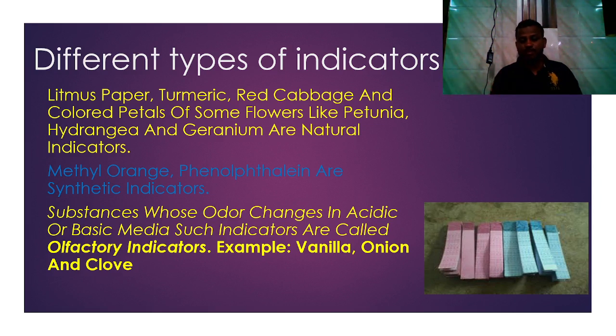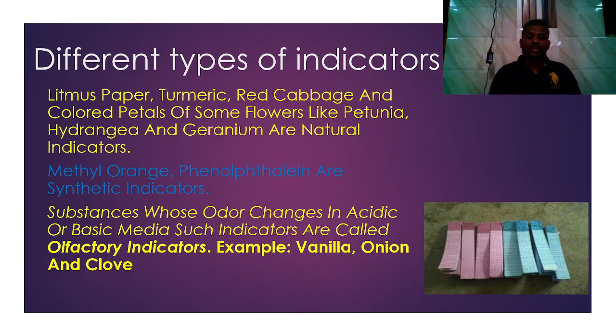For example, vanilla, onion, or clove. These are olfactory indicators. Remember, he can ask you in one word, one sentence, or an MCQ question: find the olfactory indicator. He can give the options: vanilla, onion, or clove.